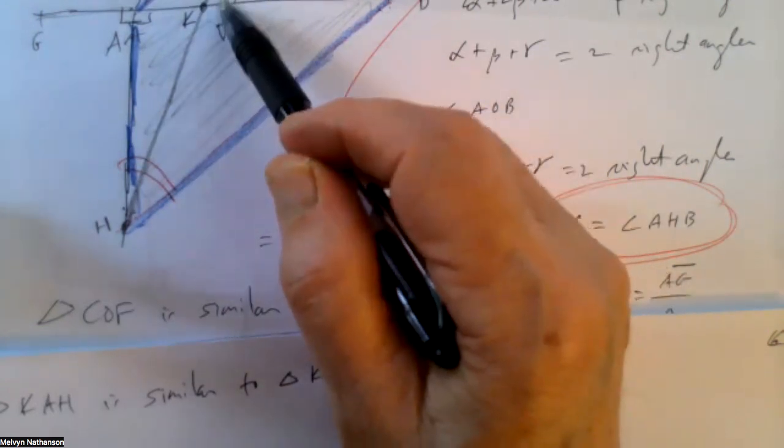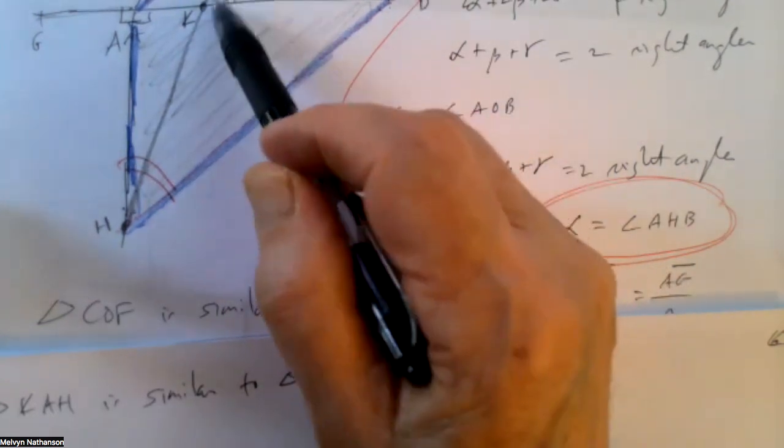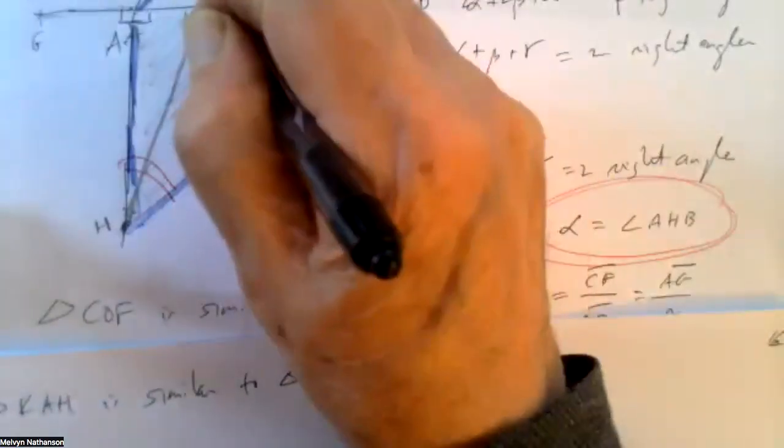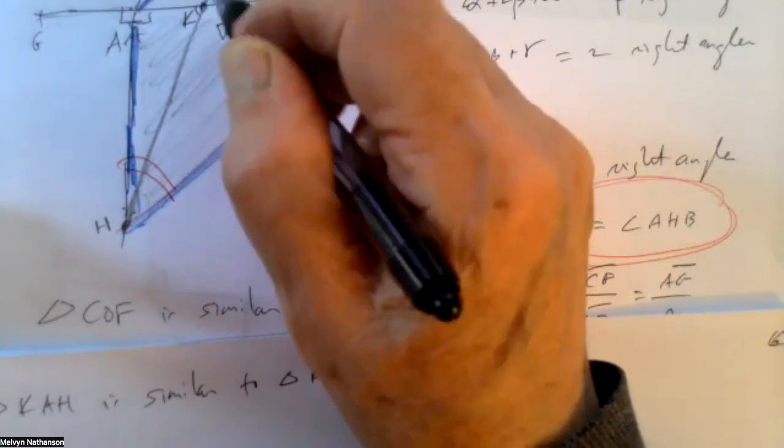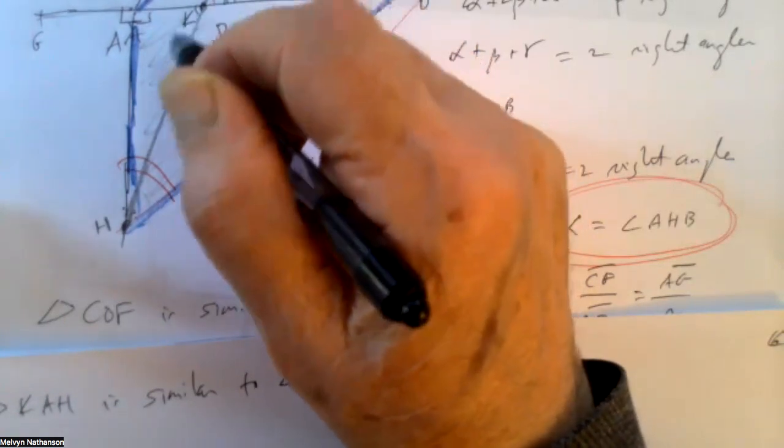KDO is this triangle. These angles are vertical angles, so they're equal. So this right triangle is similar to this right triangle.